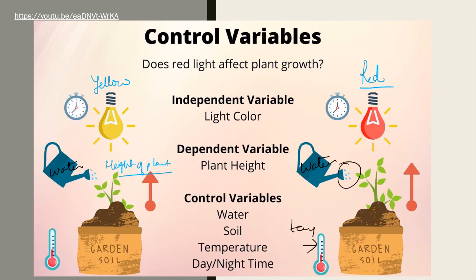Otherwise, these also can affect the dependent variable. If the soil in the case of yellow light is richer, the plant will have more growth. Then you will not be able to study whether it was due to yellow light or due to red light. So with this picture, it will be very clear which are the control variables and how to study the relationship between the independent and the dependent variable.